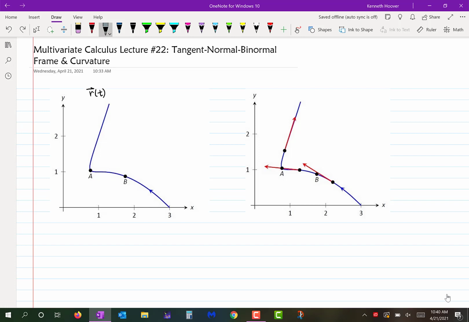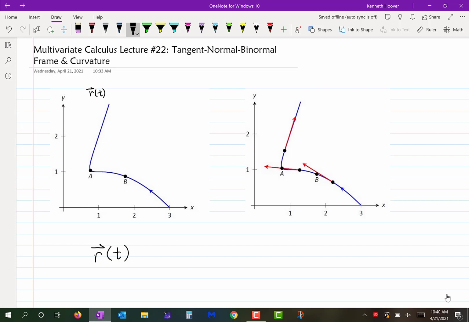Well, okay, here's a couple of things to talk about. So we are given a vector valued function R of t. I would like to calculate a vector that's going to be tangent to R of t. So let's think about how we can do that.